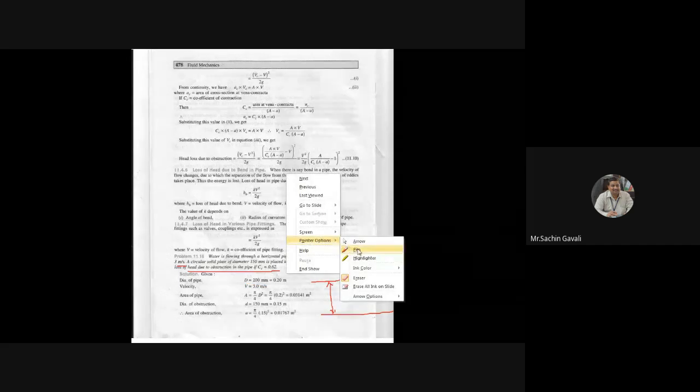This is one pipe, having diameter capital D. So D is given as 0.20 meter.